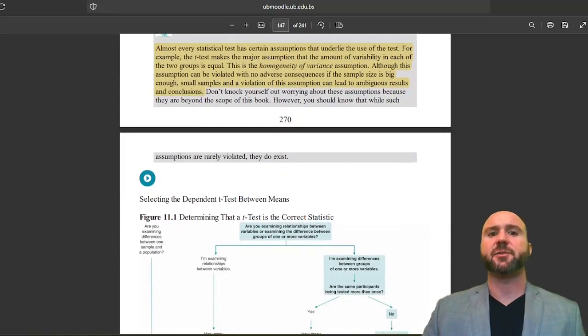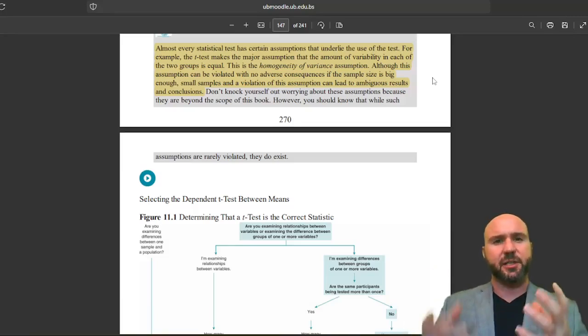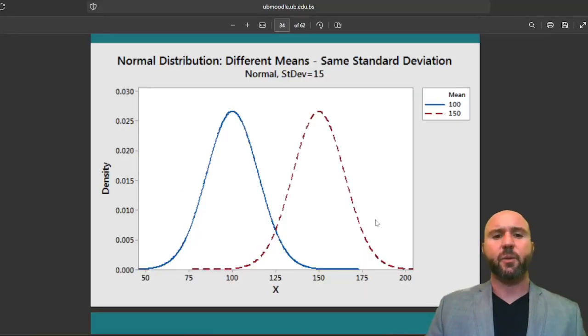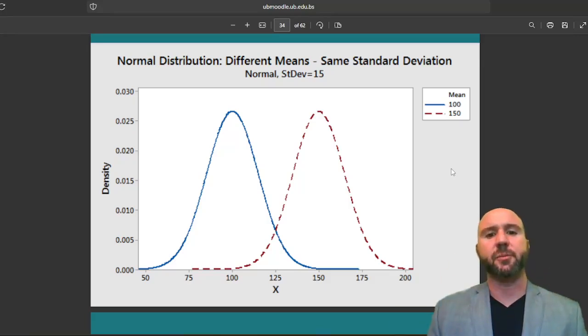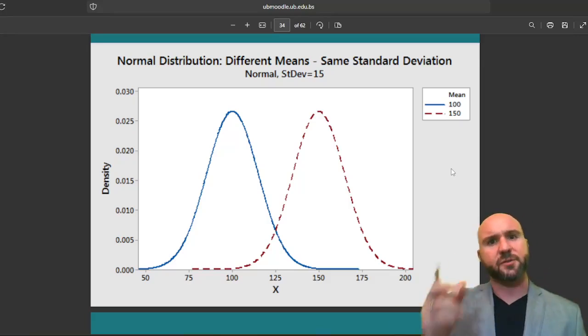Almost every statistical test has certain assumptions that underlie the use of the test. This is something that I went over in the previous lecture: since you're dealing with two different groups, we want to compare the means of the two different groups, okay? And if you just look at a normal distribution, you should know the mean is directly in the center. Here, we can look at these two different groups, and the curves look the same.